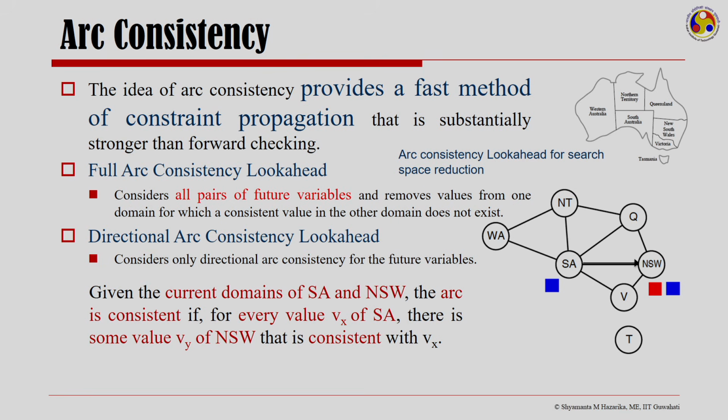Arcs that become inconsistent could be made consistent by deleting the inconsistent values. Like here, if we think of making arc consistency, we can think of deleting a certain value from NSW, that is the value blue, and we would end up having consistency from NSW to SA.